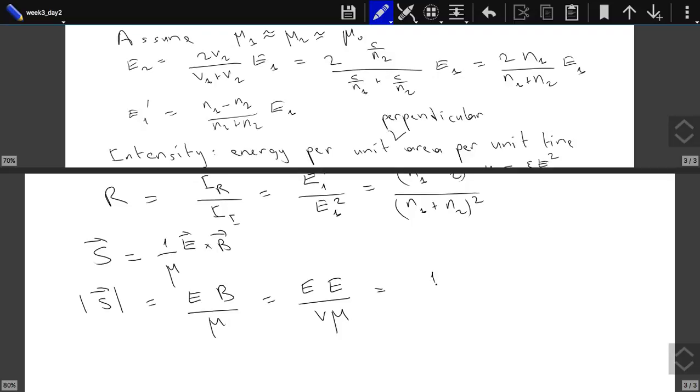So this is 1 over mu V E squared. This is the intensity. One over V is just n over C, so it is n over mu times C, times E squared.